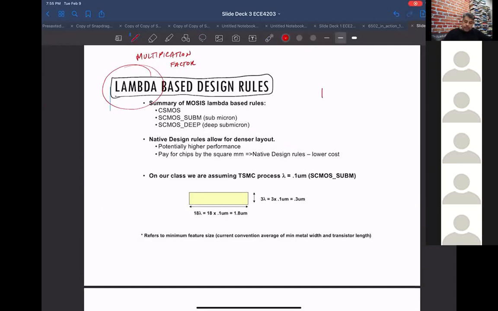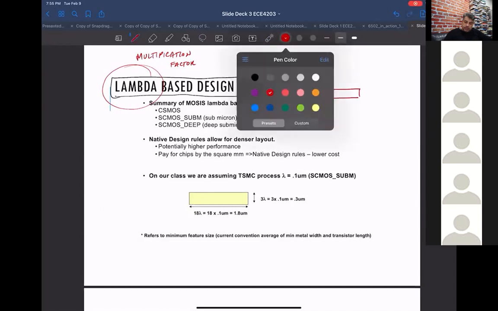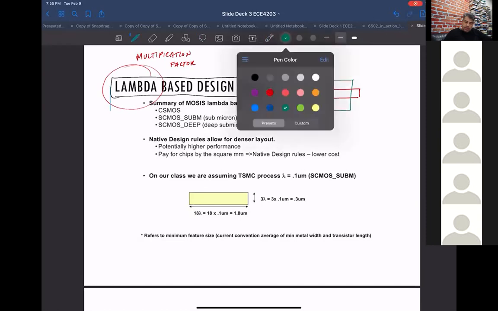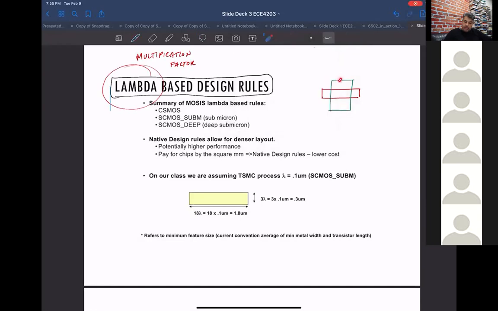Let's say you said, okay, my poly gate, if this green stuff is active, the red is poly, okay? So this is your poly, this is your gate length.